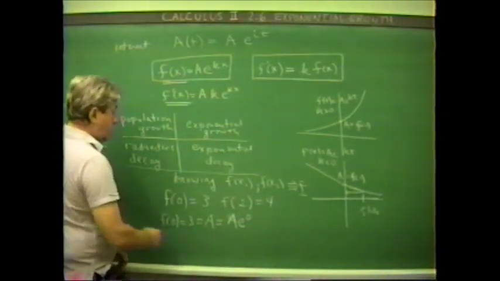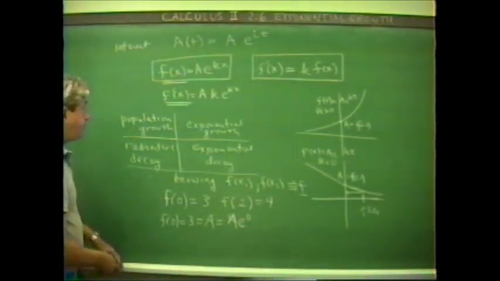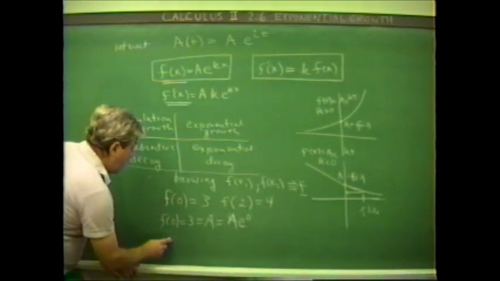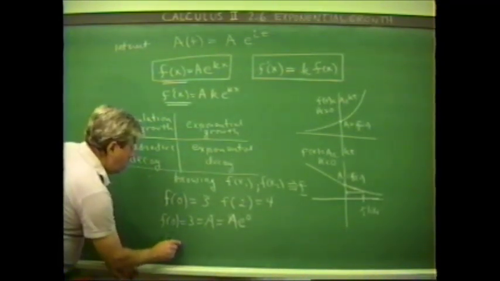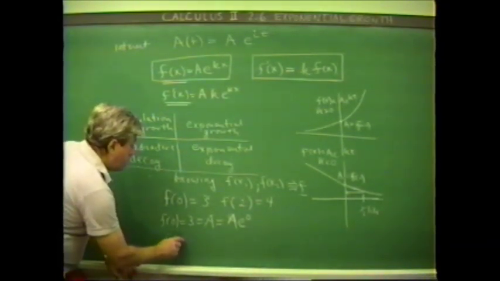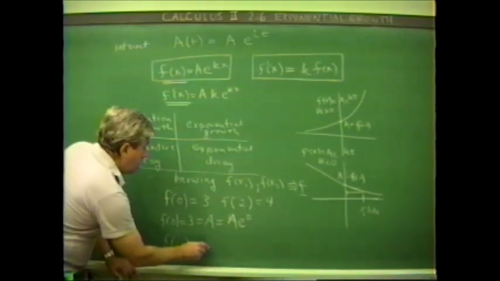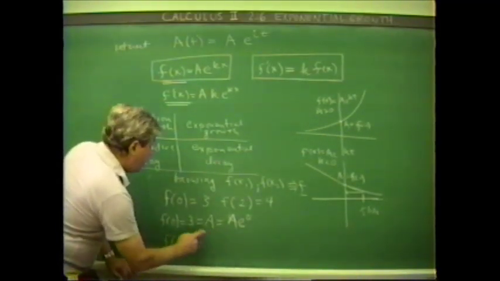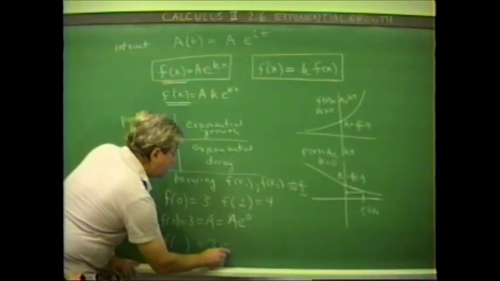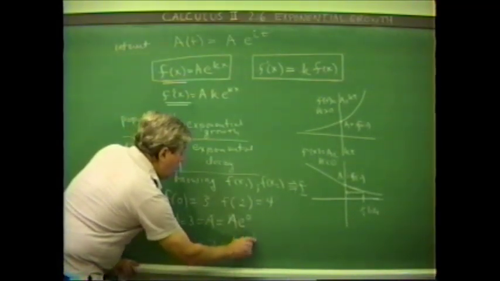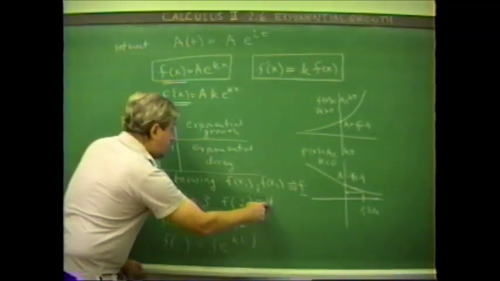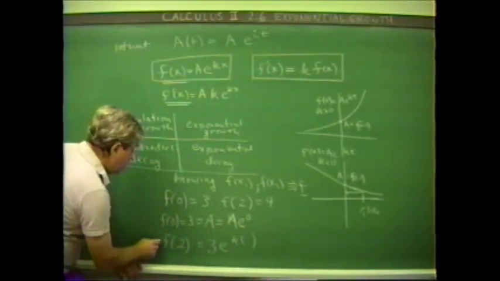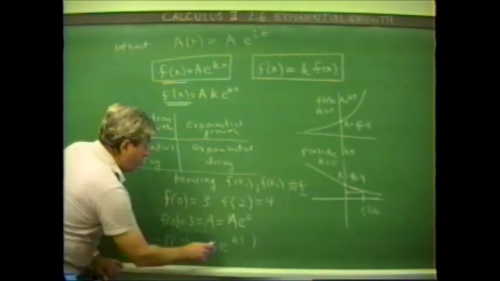So we now know a. Knowing a, we've got that f of t is 3e to the kt. But now we also know that the value at 2 is 4. f of 2 is 4.